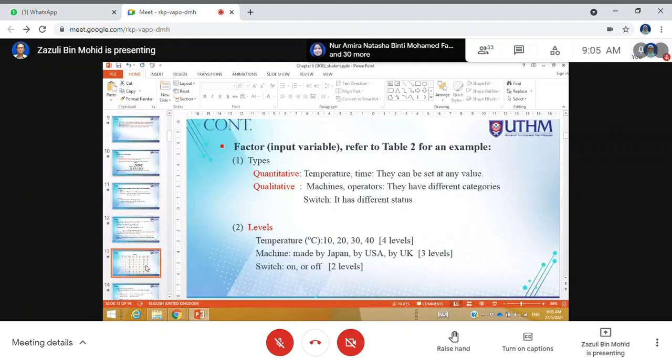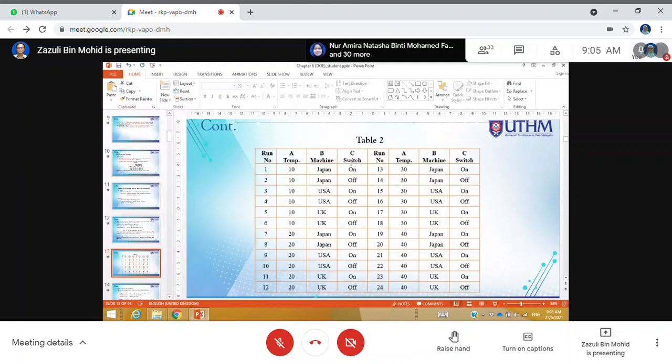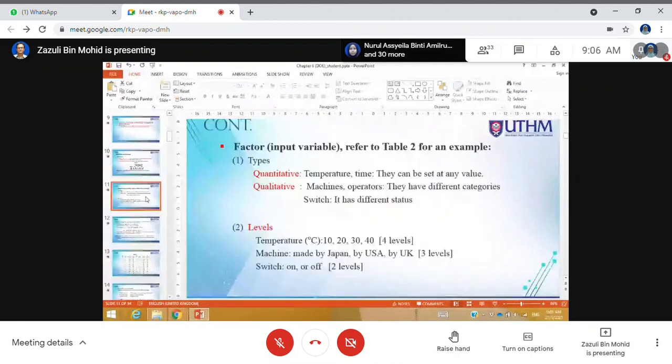Let's see, it can be on, it can be off. So we have two levels for these factors, on and off. So that's what it means by quantitative parameters or input variables and qualitative input variables.